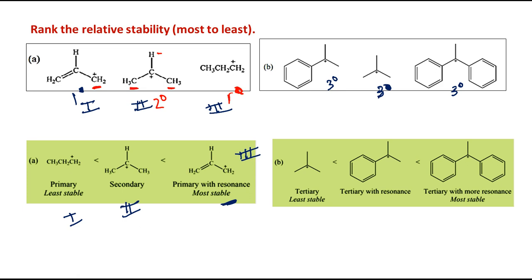On the right hand side we have 2 phenyl groups and 1 methyl, and in the first one 2 methyl groups and 1 phenyl. So all are tertiary carbocations, and the one with more resonance factor coming from the phenyl rings will be maximum stable. After that the one having 2 methyl groups and 1 phenyl, and the last one with 3 methyl groups is the least stable. So this is the stability order, most to least.